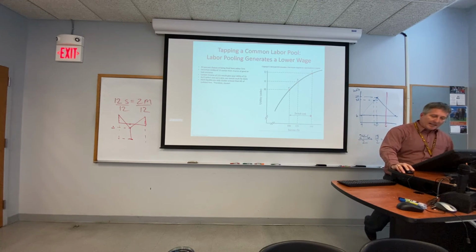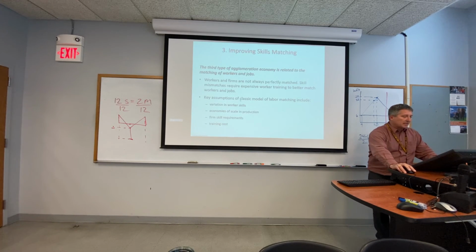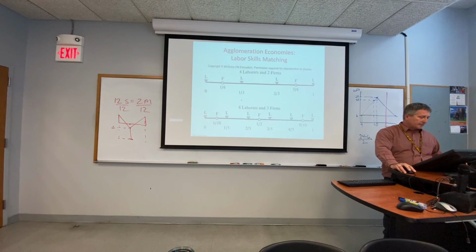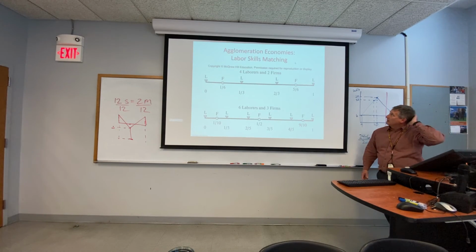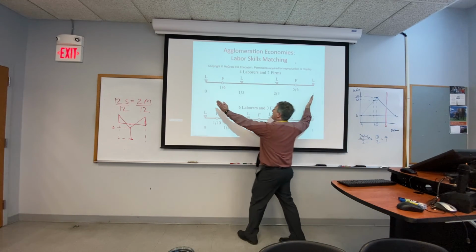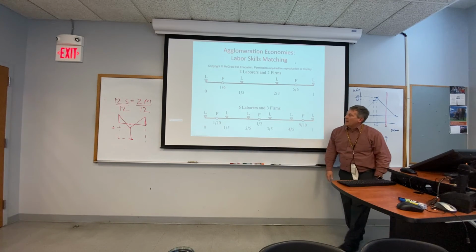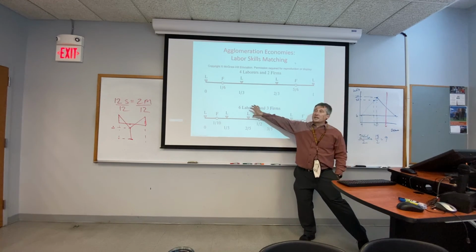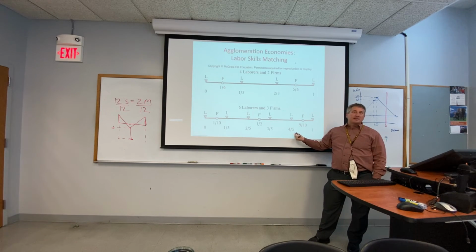All right, so that gave us the reason, or the value, of having a common labor pool and firms clustering. Okay, skill matching. We have the wheel on a unit basis, and it's showing that having a bigger cluster allows there to be smaller gaps they have to fill.